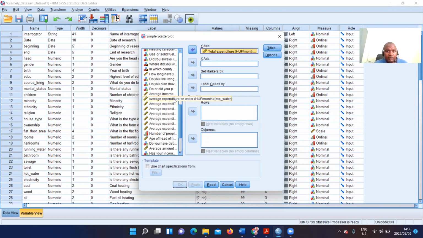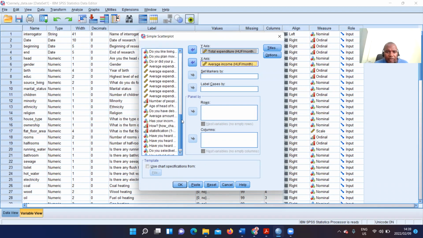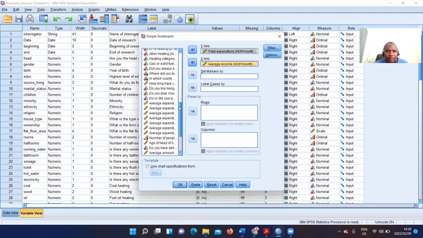And then the x-axis, it will be average income in Hungarian forint. And then the markers, we have got the gas or solid fuel, which is heating type.